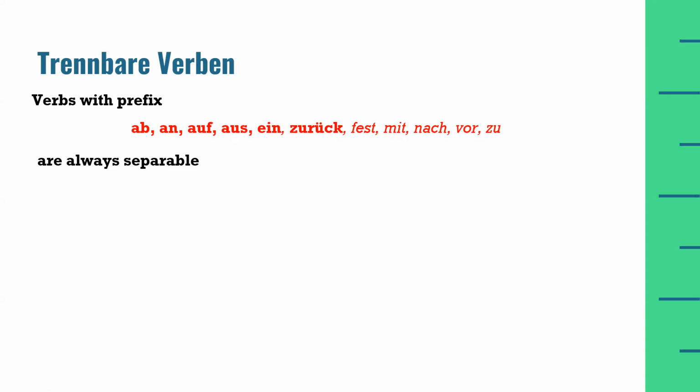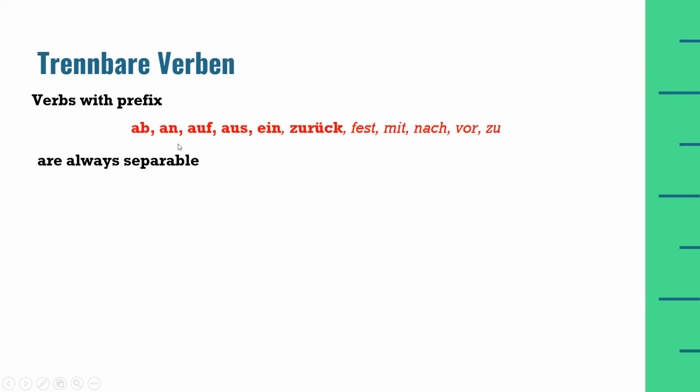In the German language, there are many verbs that have a prefix. I have listed some of the prefixes here, like ab, an, auf, aus, ein, zurück, fest, mit, nach, vor, zu. So whenever the verb has any of these prefixes, that verb will always be separable.